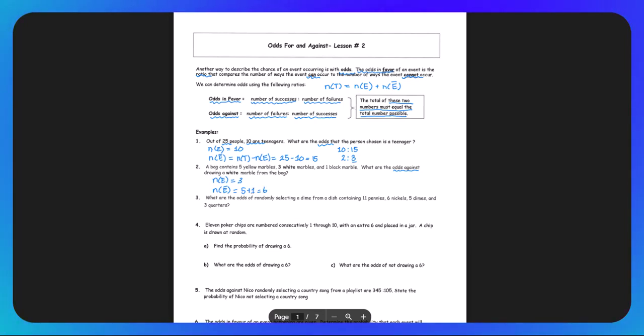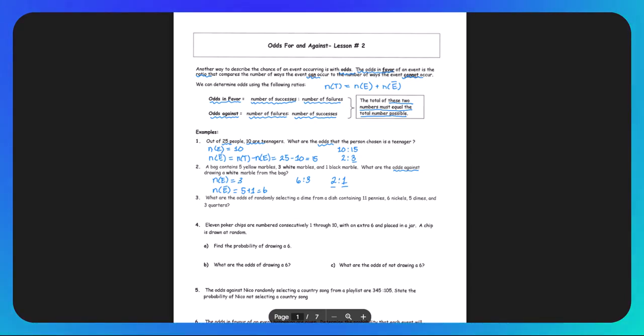Because these are the odds against, we have the odds starting with not a white marble first. So that's 6 to 3. Both of these numbers are divisible by 3, so the odds are 2 to 1, which means for every 2 marbles that are not white, there is 1 marble that is white.